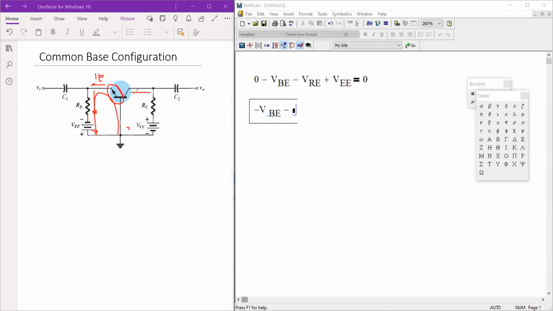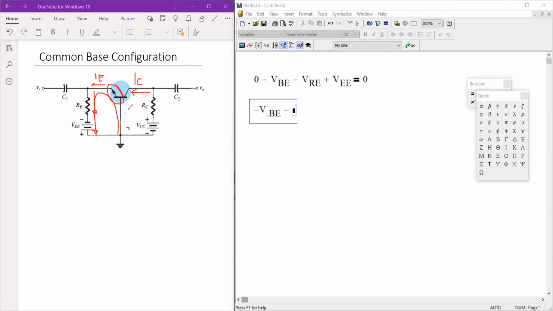So meaning for our current flow, we will also have I sub C, going this way. Same thing with IB. So for IB, we also have a current flow. Where do you think current will flow with IB?